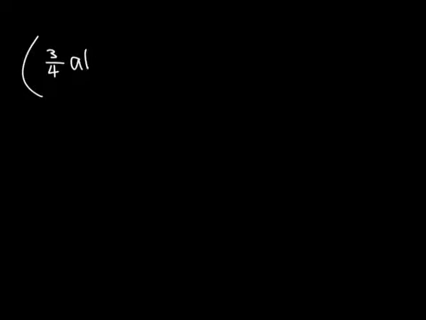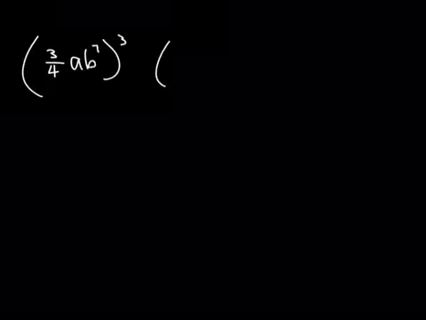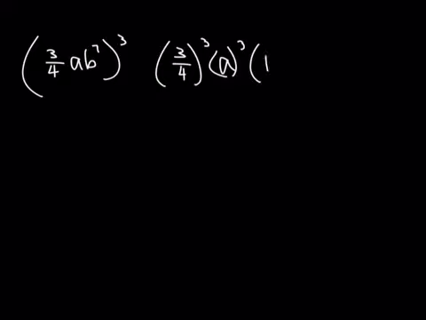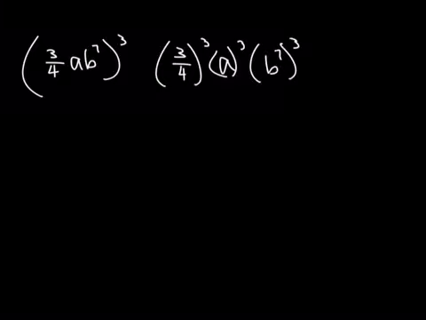Alright, so let's jump down to, well, let's look at 60. 3/4 ab to the 7th power, cubed. Alright, again, we just separate everything out. Number cubed, letter cubed, letter cubed.